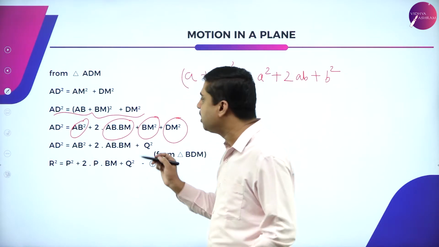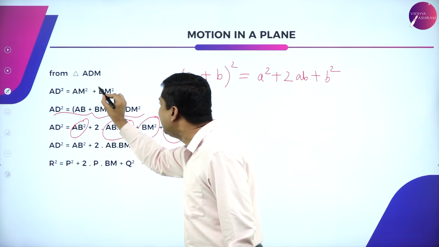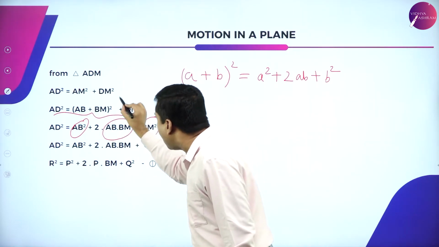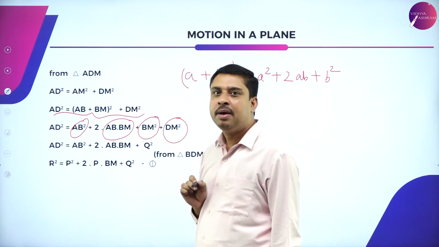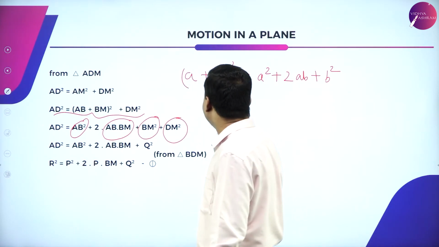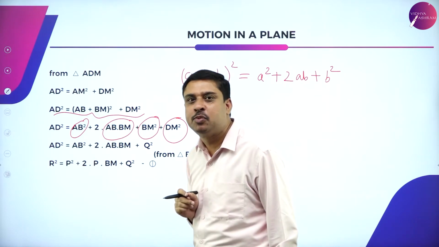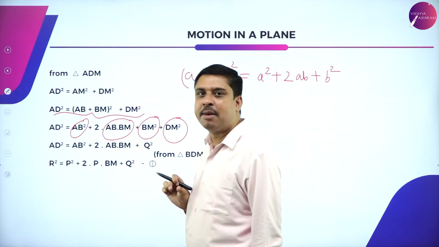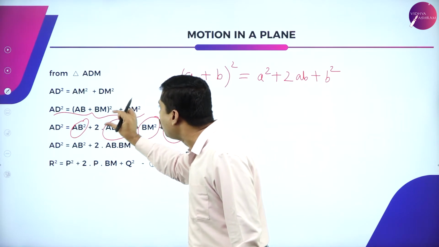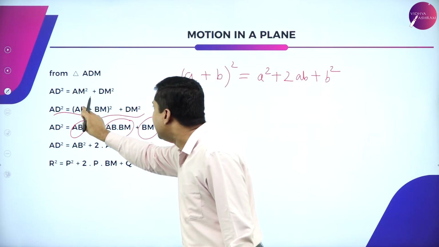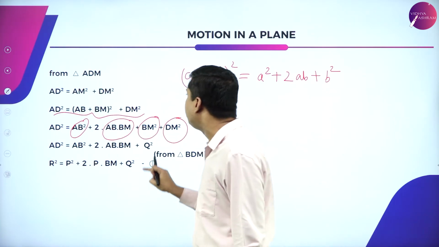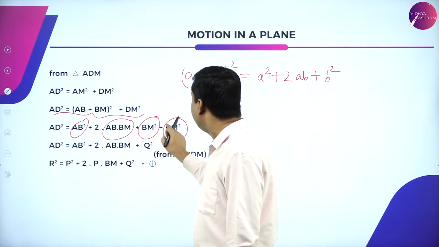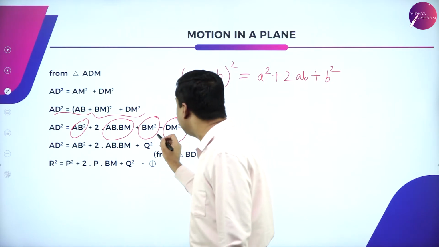I am just expanding AB plus BM the whole square by using the identity A plus B whole square.